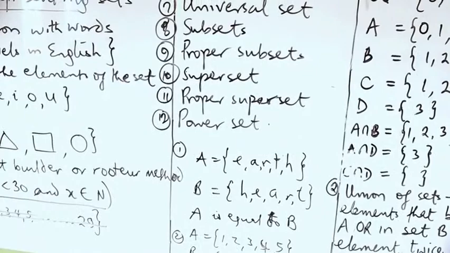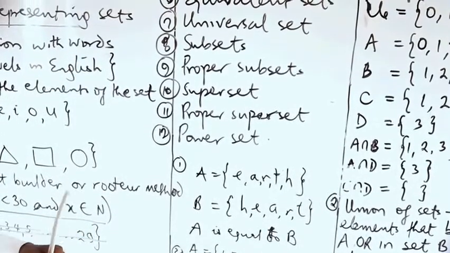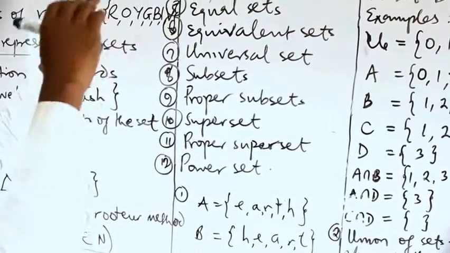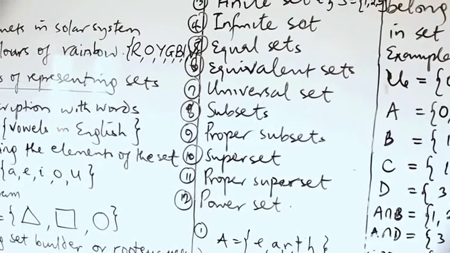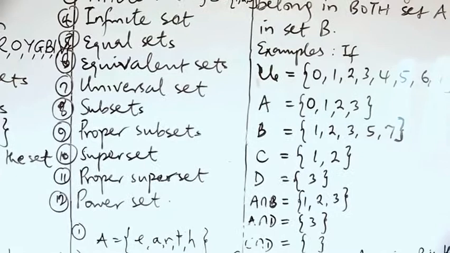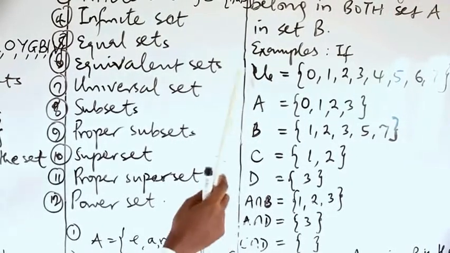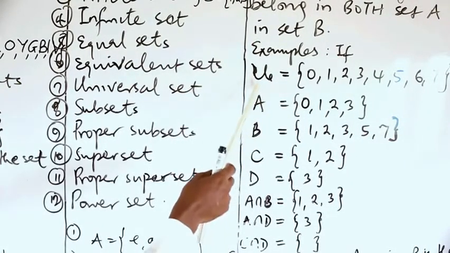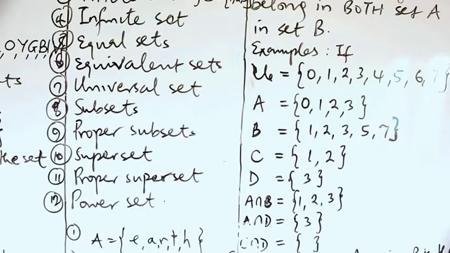Then we have universal set. Universal set is a set that combines all other sets together. For example, in this example I gave you, we'll still get to that later. If you look at the universal set here, it is this U. It's represented by this symbol.